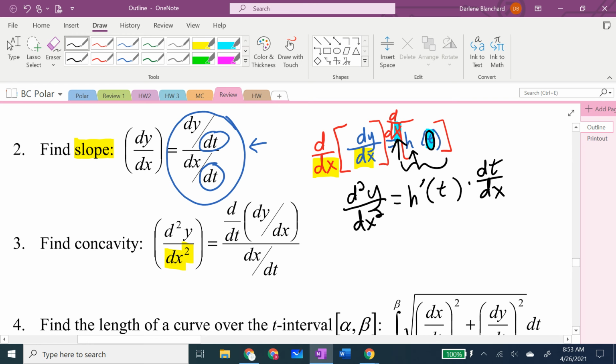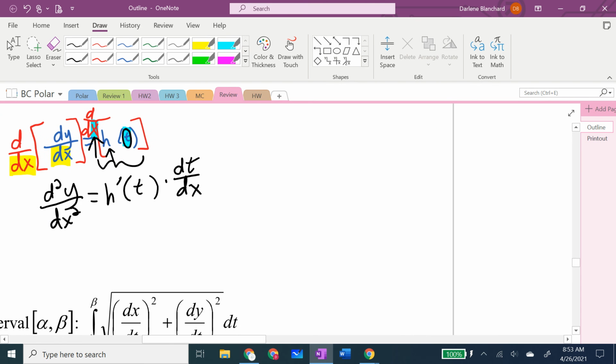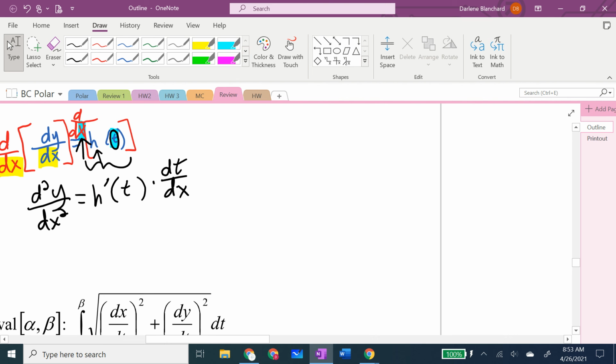And that's a really, really important formula. Not only is it important for finding concavity, but it's also important for anytime you do implicit differentiation, which I saw was another issue, just needing to practice implicit differentiation. Anytime you're doing implicit differentiation, say, for example, you're differentiating with respect to time, and let's say you have pi r h.